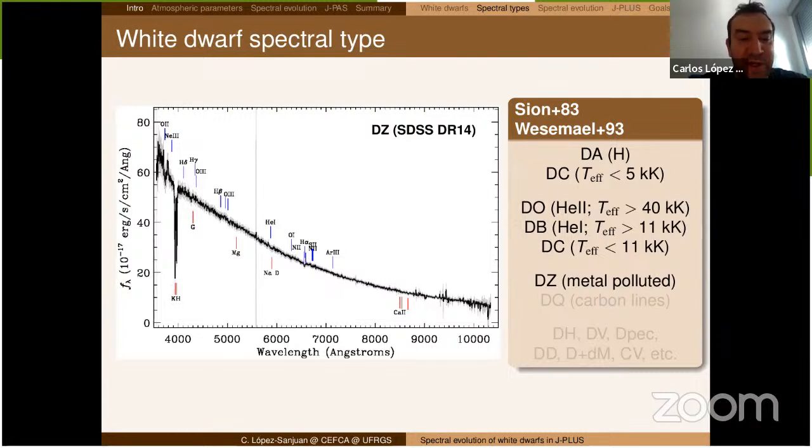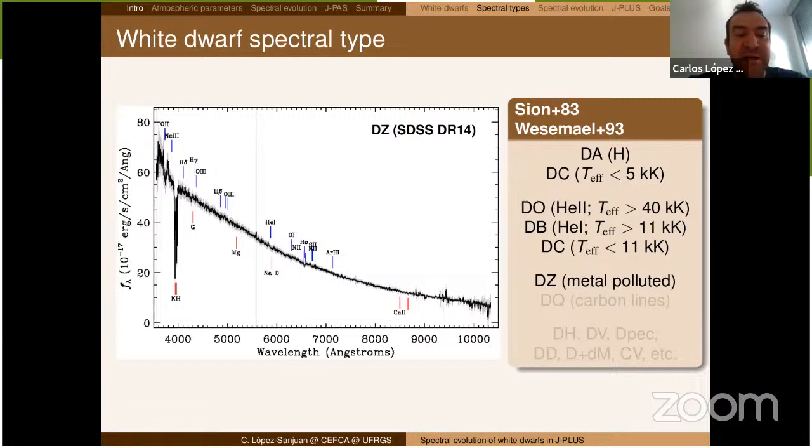In principle, because of the high density and high gravity of white dwarfs, all the heavy metals go very fast to the center. So you end up with a stratified white dwarf. So you don't expect to see metals in the atmosphere unless they have been accreted very recently. So now this is the interpretation that we use for these systems.